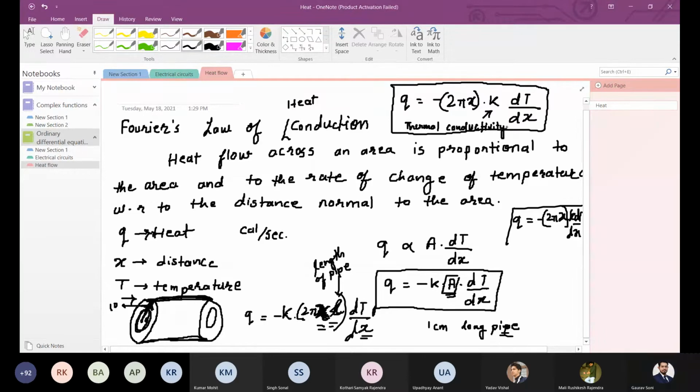Moreover, the minus sign is because as the distance increases, the temperature is going to decrease. So in every example we'll be using this. If you have any difficulty up to this, you can ask, or I will go to the example now. I think no one has any difficulty here.